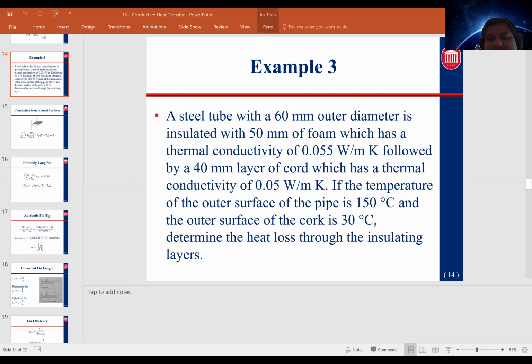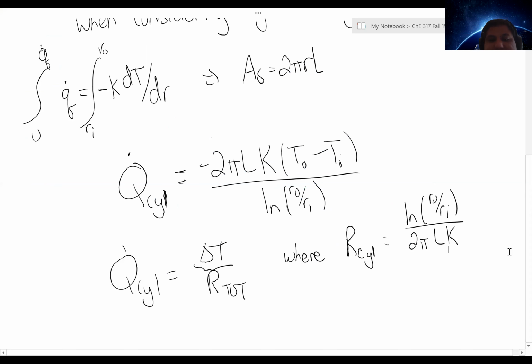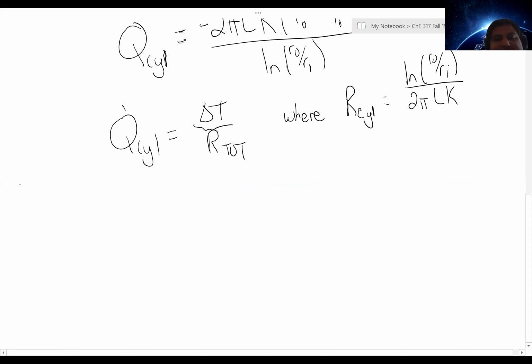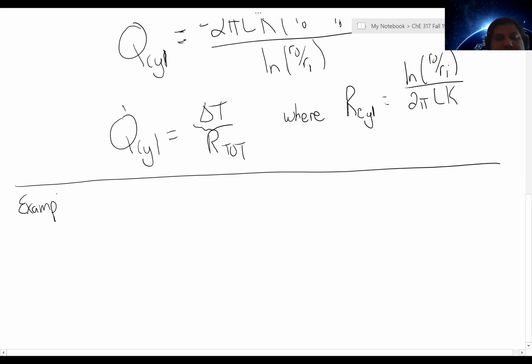I'll go ahead and draw this up so you can get an idea of what I'm talking about. In this example, I'm just going to call it heat loss through an insulated pipe.